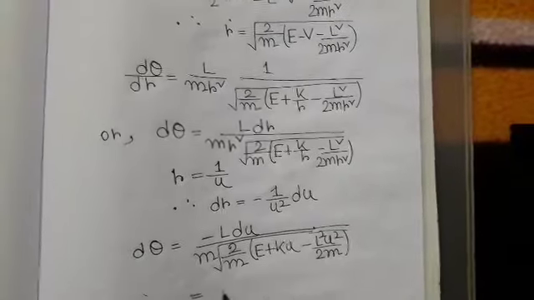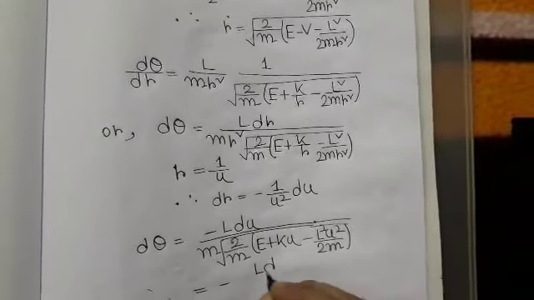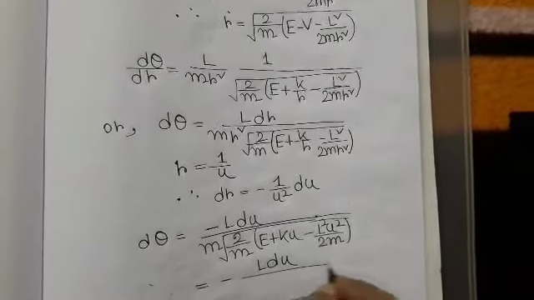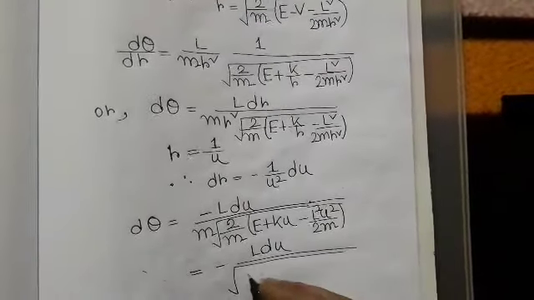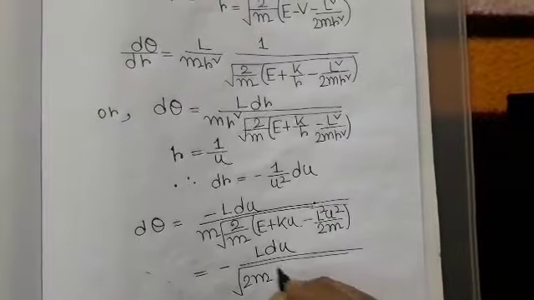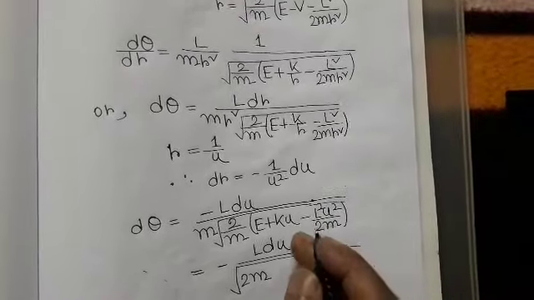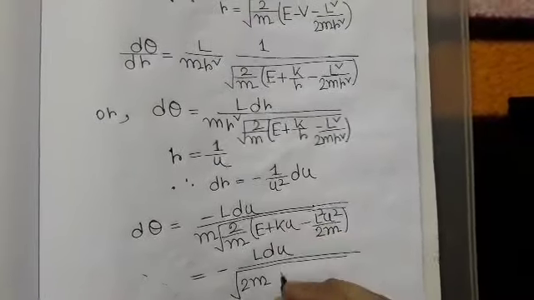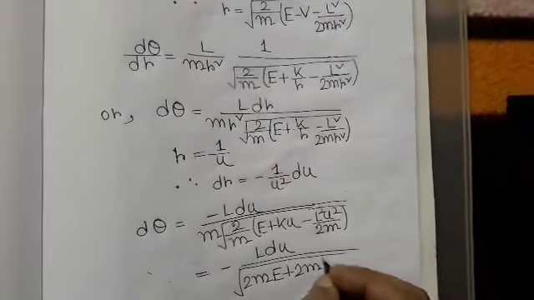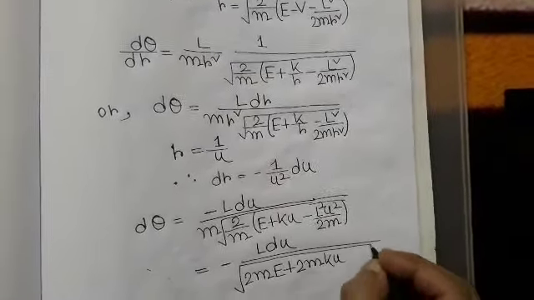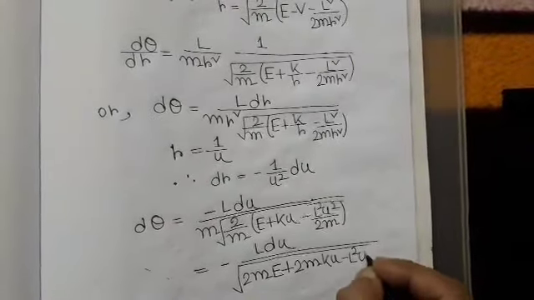Now if we simplify it, then we can write minus L into du by square root of 2m, and if we multiply it into all the quantities, then we can write 2mE plus 2mku minus L squared u squared.